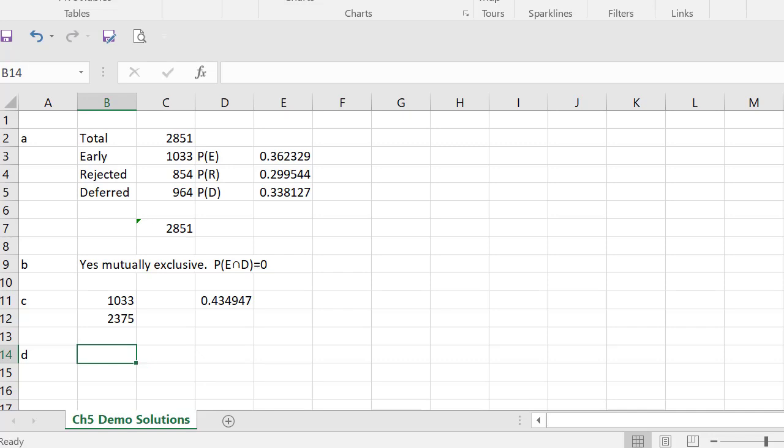Part D says, suppose a student applies for early admission. What is the probability that the student will be admitted for early admission or be deferred and later admitted during a regular admissions process?